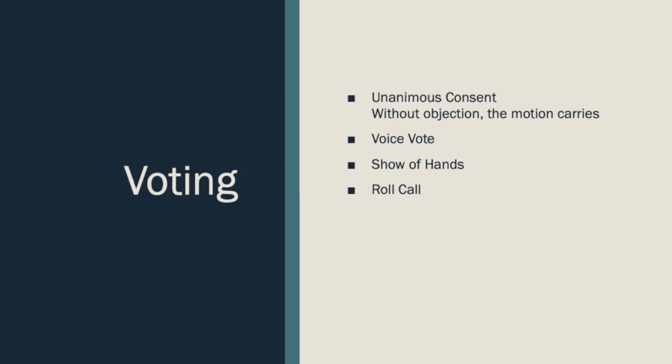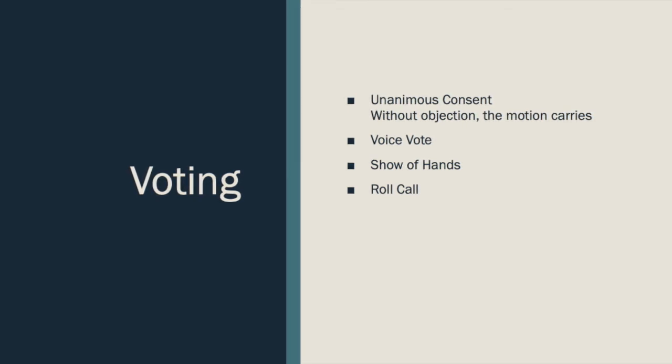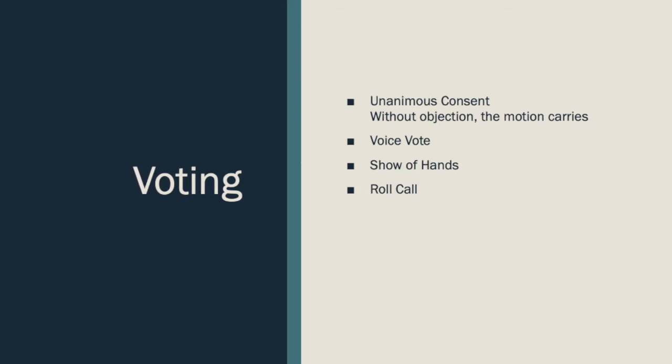Typically for procedural motions or motions where it's clear that there's not going to be any objection to it, and we want to just quickly pass it without the need to waste time on a full, more formal vote, unanimous consent is an efficient way to do that. Unanimous consent is where the chair will simply state the motion and ask if there are any objections. And if no one says anything, if no one objects to it, the motion just passes.